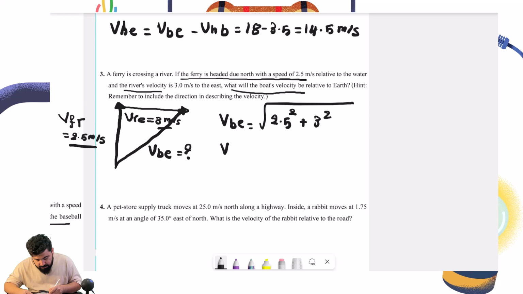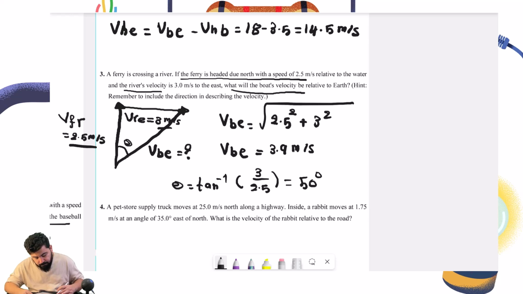The velocity of the boat relative to the Earth is equal to 3.9 meters per second. Now this is the angle theta. Theta is equal to tan inverse of opposite divided by adjacent, so 3 divided by 2.5, you're going to get 50 degrees.